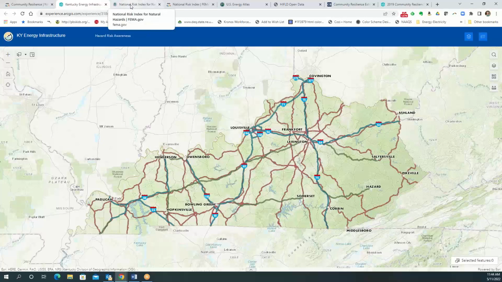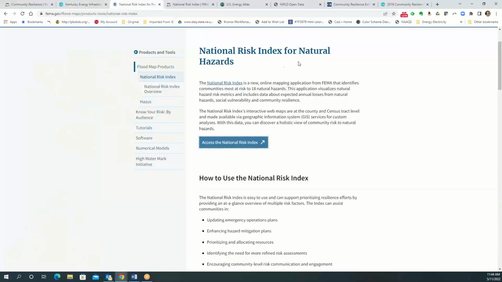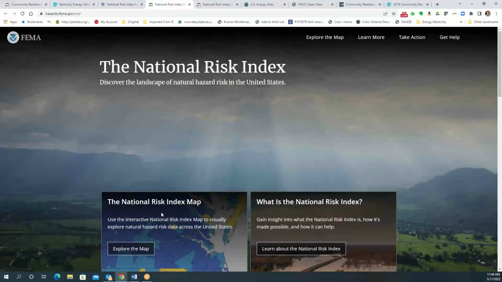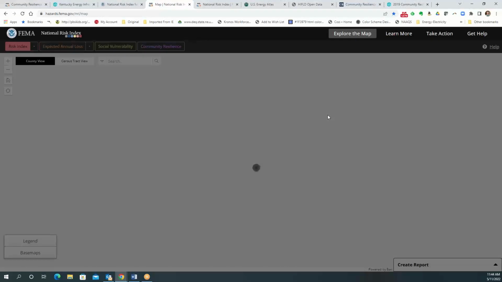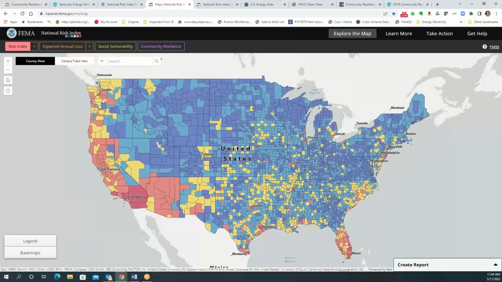What I do like before I leave on the National Risk Index is going back to the overall map, they do an all hazards risk index.